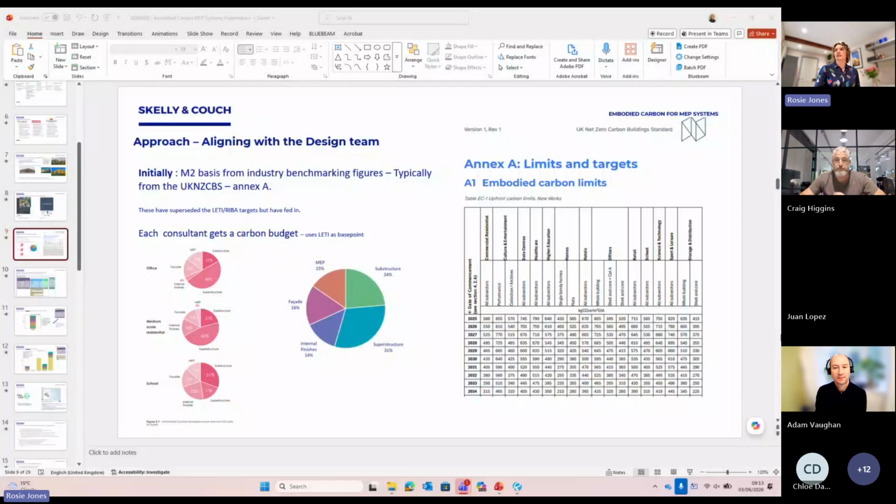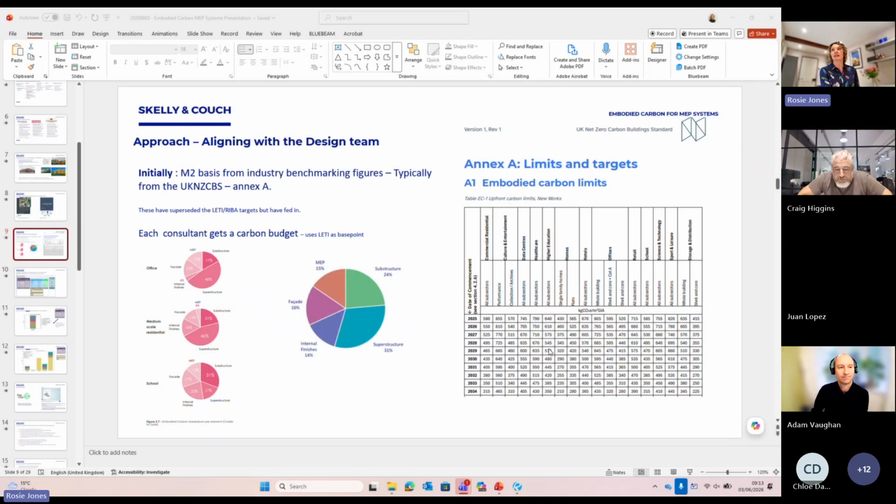The wording on the condition effectively says that you need to comply with the limits set out in this carbon standard. And this standard tells you that if you've got, say, a higher education building that is going to start being built in 2028, then your carbon budget is 545 across all sectors.